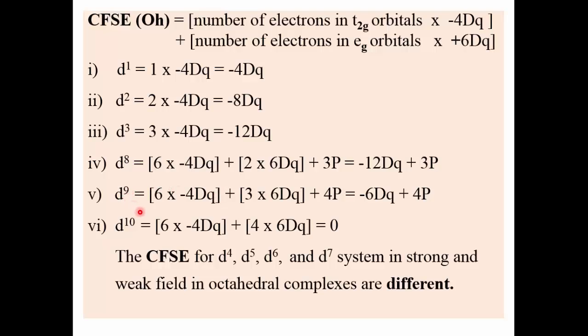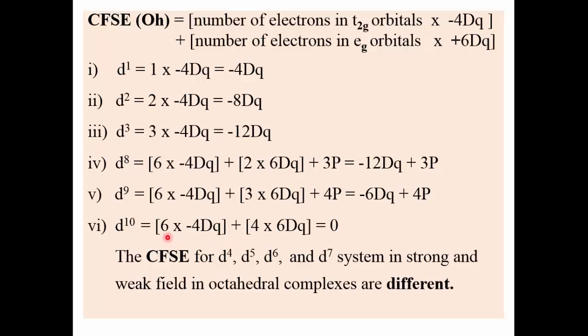For the D9 system, the electronic configuration is t2g6 eg3. So 6 electrons are in the t2g orbital, therefore 6 into minus 4dq, and 3 electrons in the eg orbital, therefore 3 into plus 6dq, plus 4 electron pairs, so that pairing energy is added. Hence it is minus 6dq plus 4p. Followed? Similarly, for the D10 system, the electronic configuration is t2g6 eg4.